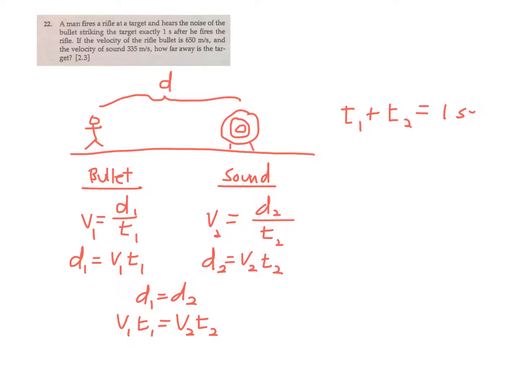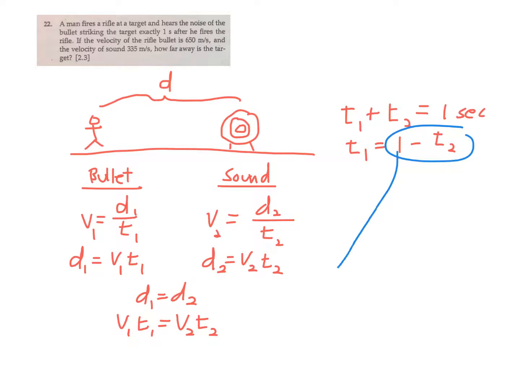That's given. And all the units are in standard form, meters per second. So that's good. I can either solve for T sub 1 or T sub 2. T sub 1 will equal 1 minus T sub 2. So I'm going to take that fact and plug it into my equation.